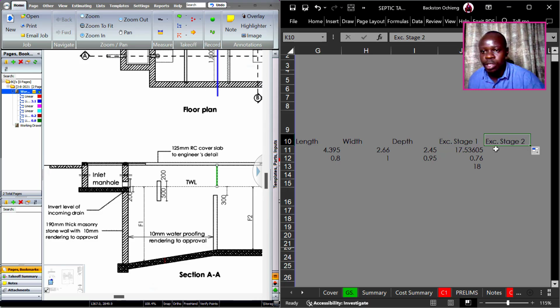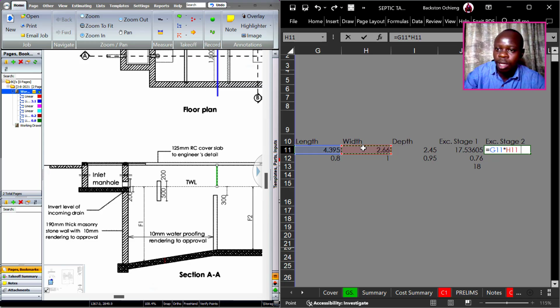So for stage 2, we are going to do the same length, then multiply by the width, then multiply by whatever is left of this. So what we'll do, bracket, this is 2.45 minus 1.5, which was done in stage 1.